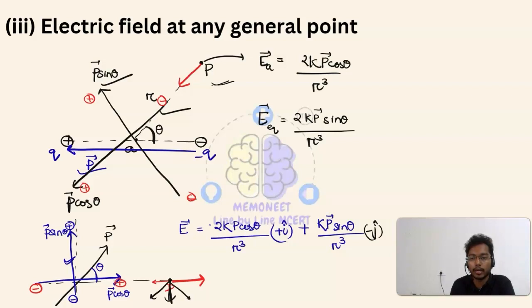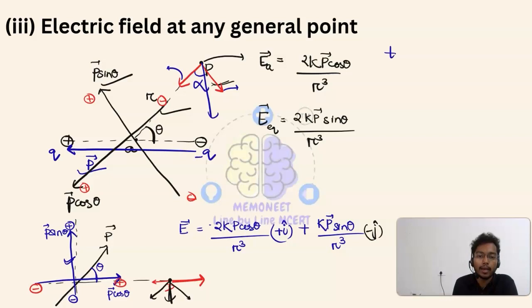So the net electric field due to the equatorial will be present in this side. So the net electric field will be along this direction. Let's say this is the angle alpha. This is the equatorial electric field. This is the axial electric field.